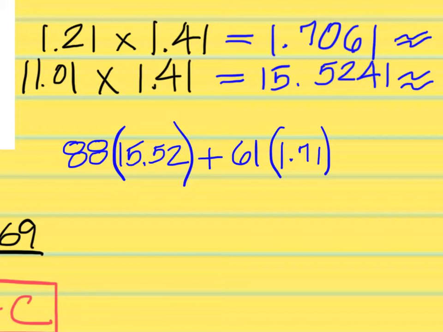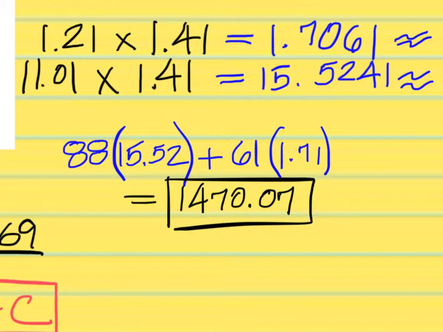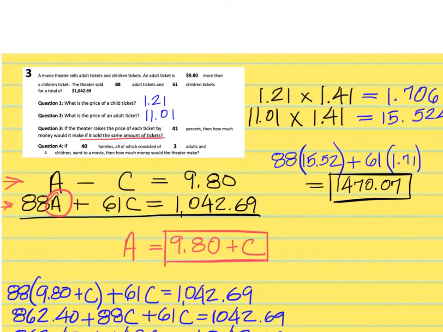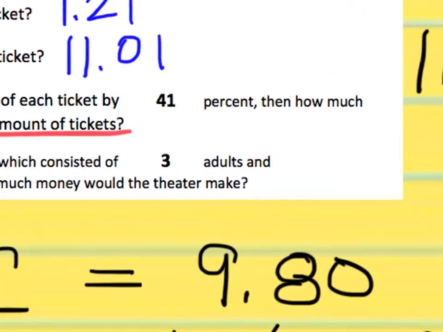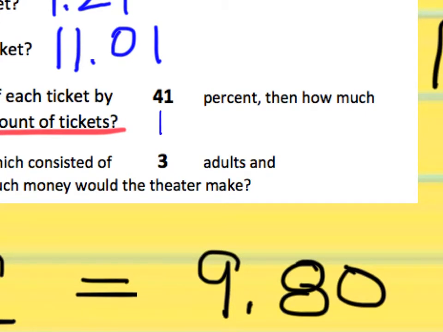So in your calculator, you have to do 88 times 15.52, and then add to that 61 times 1.71. You will come back with the following answer, $1,470.07. That is the answer to question number 3, and we will fill that in here.